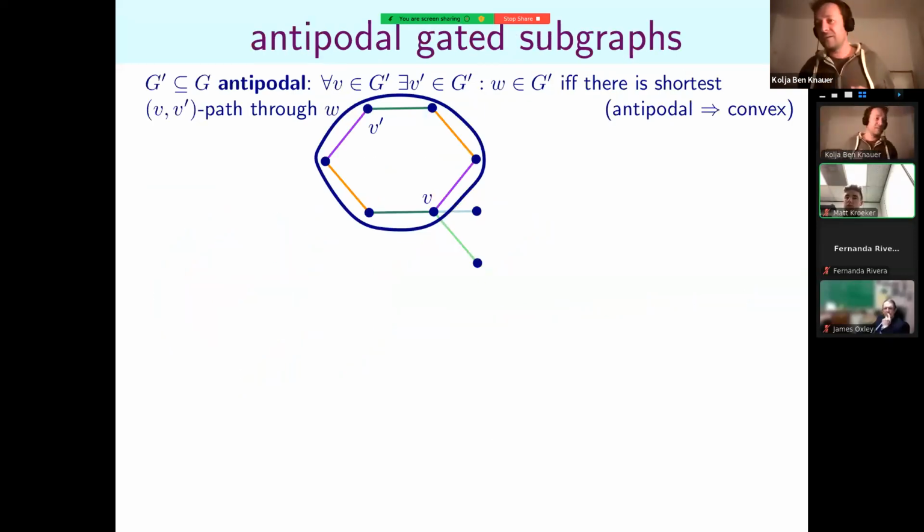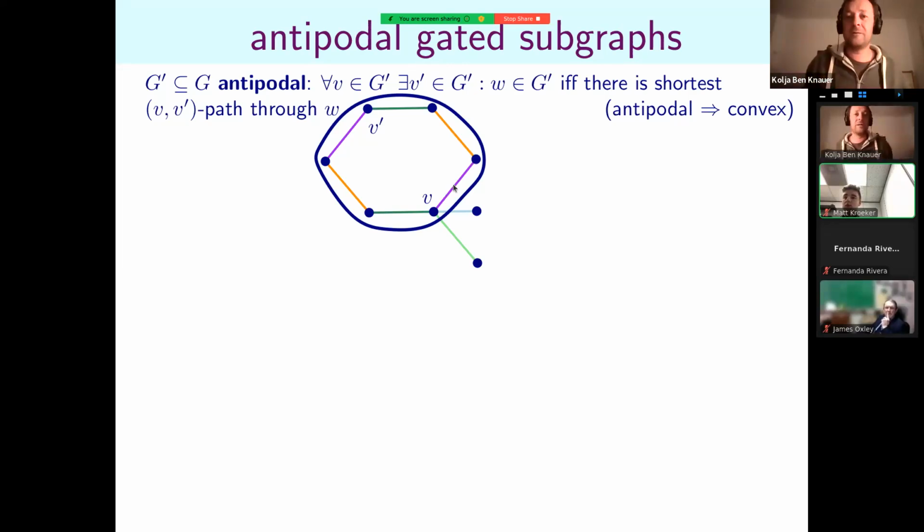And the final class of graphs that we need to look at is antipodal subgraphs. An antipodal subgraph is a graph such that for every vertex in this subgraph, there is an antipode in this subgraph, such that the subgraph is the interval between these two vertices.